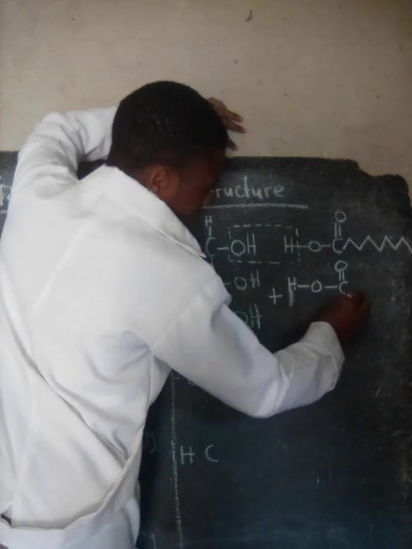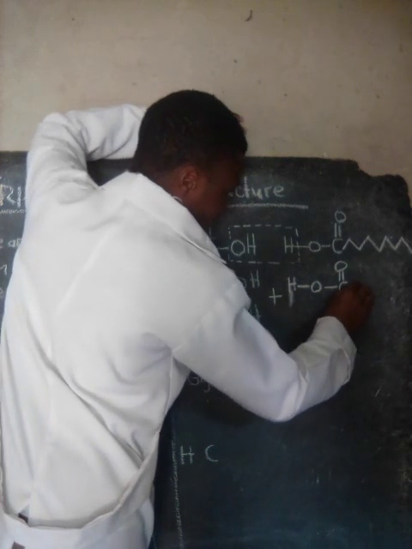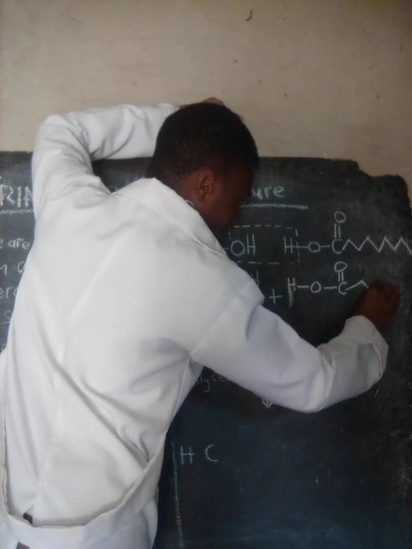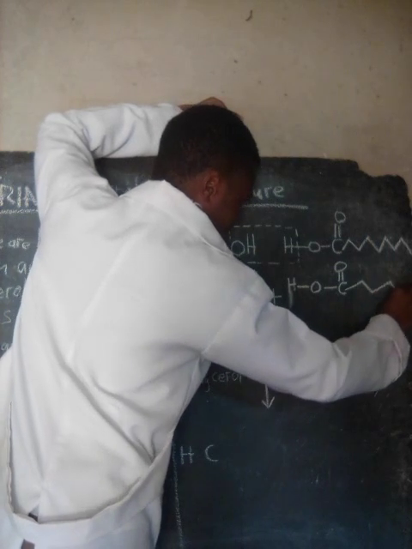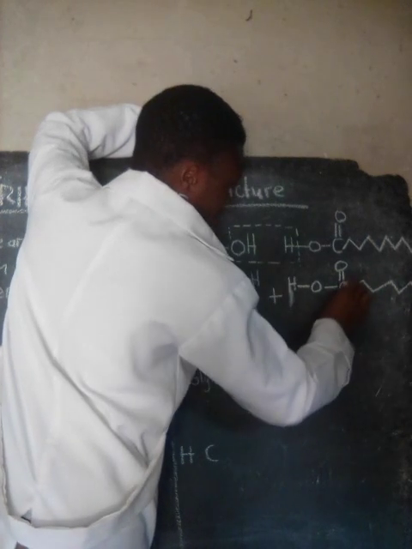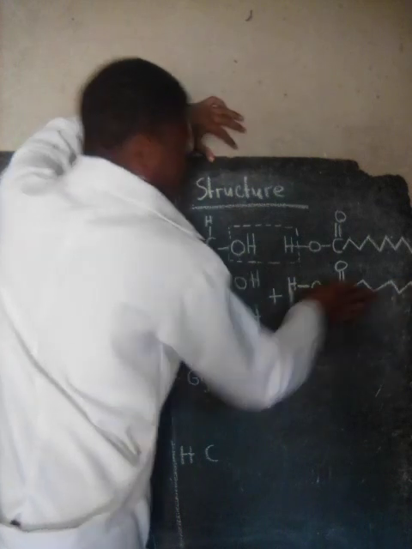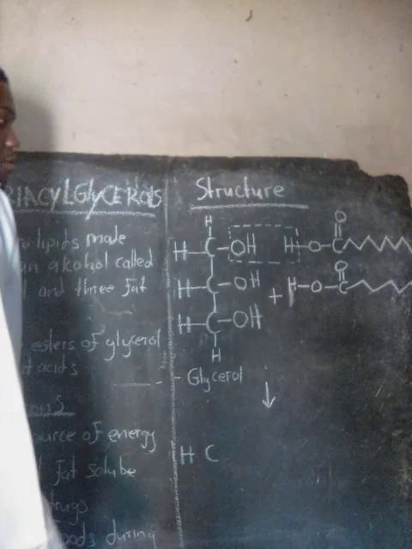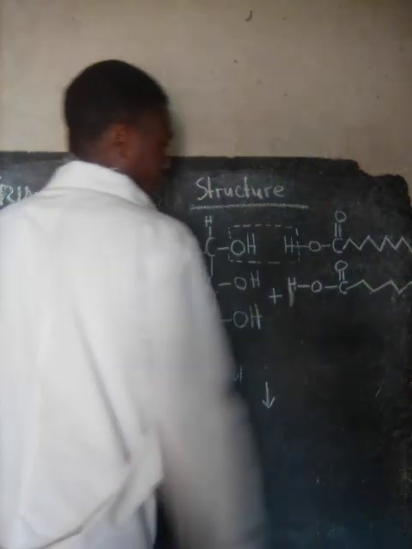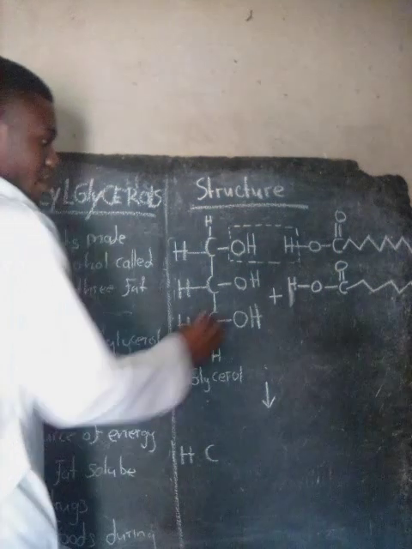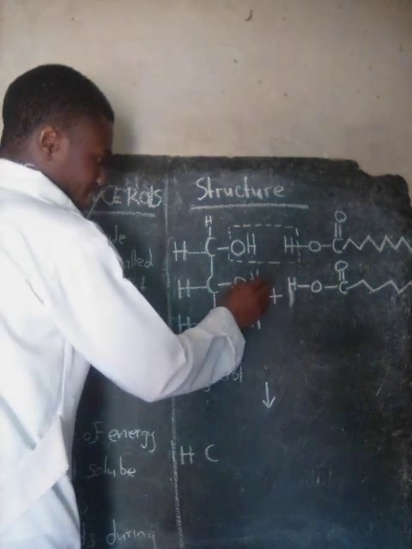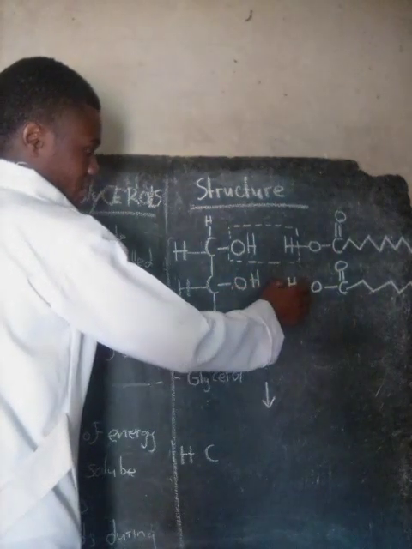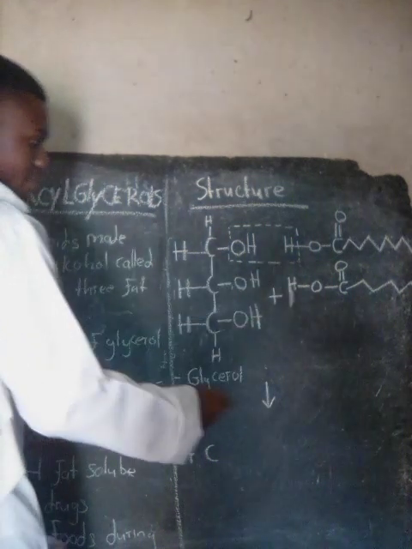Then this side, instead of writing these carbons, you can just use a skeletal form of writing. You do like this, meaning you are just showing that they are carbon or hydrophobic tails, which are made up of carbon. So this is a fatty acid. So another fatty acid will combine with this group and the hydrogen will be eliminated.